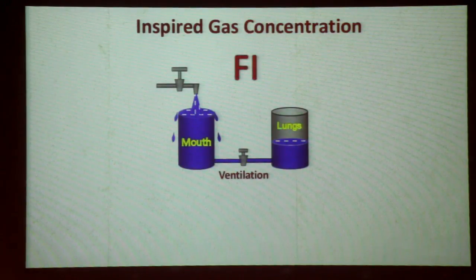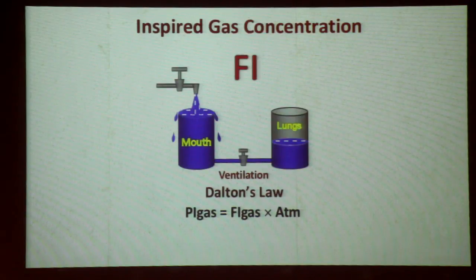Now we are setting a concentration on the dial, and I told you that all agents are actually represented as partial pressures. So when you have to convert your concentration into partial pressure, you have to put Dalton's law into force. The partial pressure of the gas is the fractional inspired concentration times the atmospheric pressure.